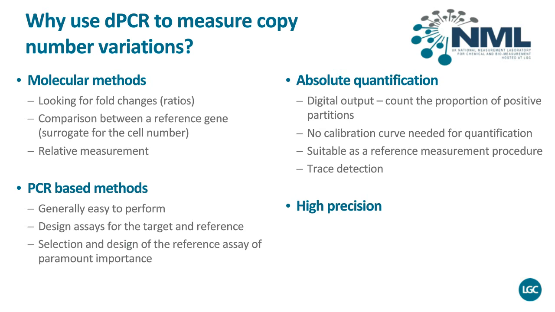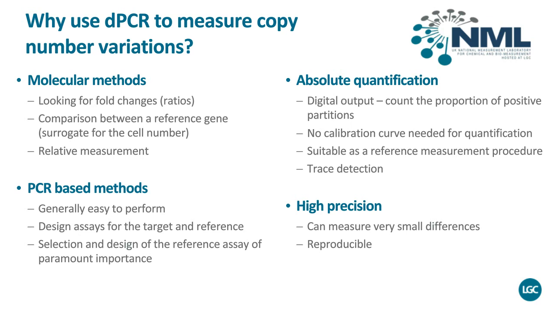It's also highly precise because we're looking at the mathematical correction. We can measure very small, but also remember that slide I showed you right at the beginning with the KRAS SNP detection, so a single nucleotide variation.